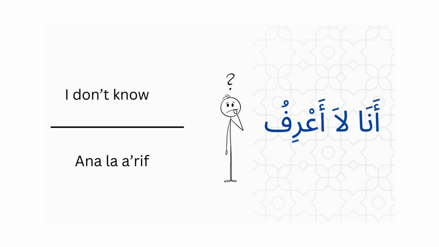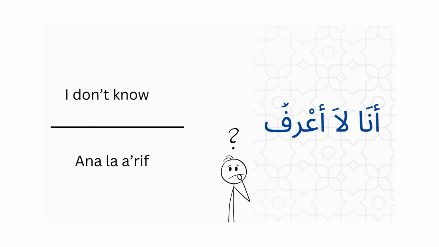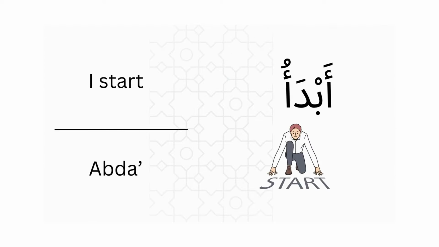Now if you want to say I don't know, we add لا before the verb أعرف, and we say لا أعرف. أنا لا أعرف. And the Arabic word for I begin or I start is أبدأ.